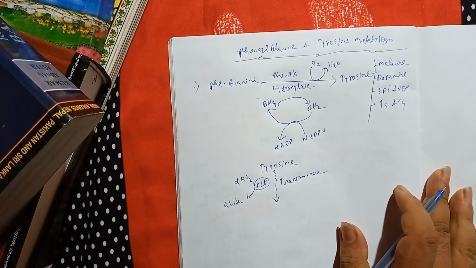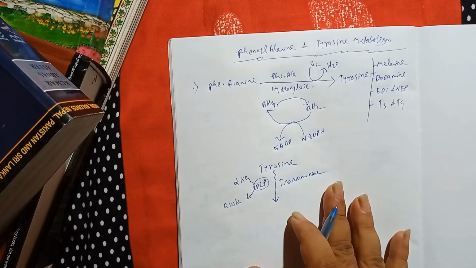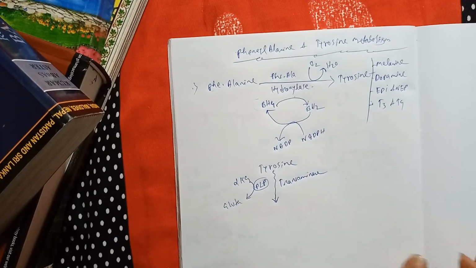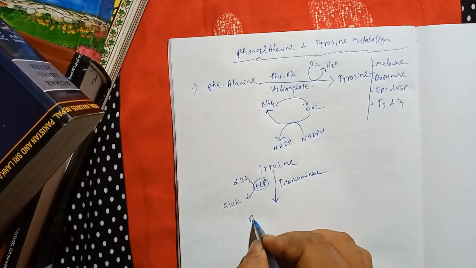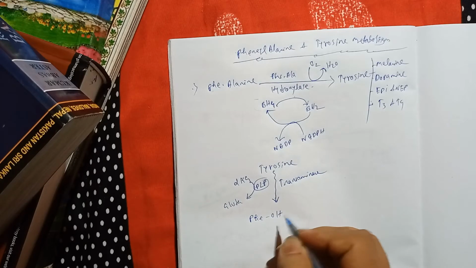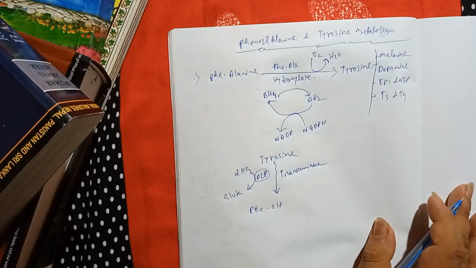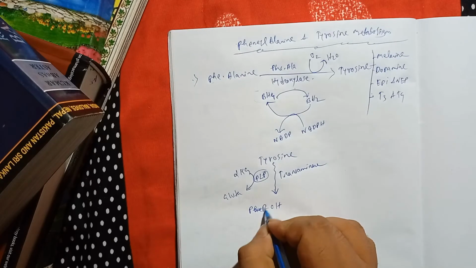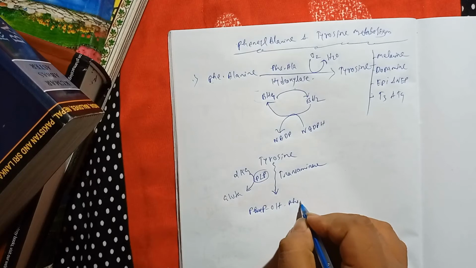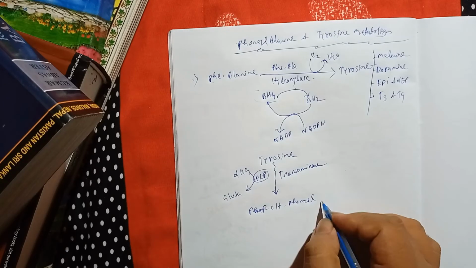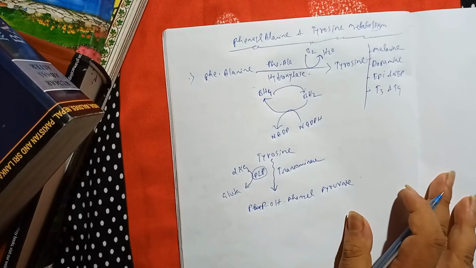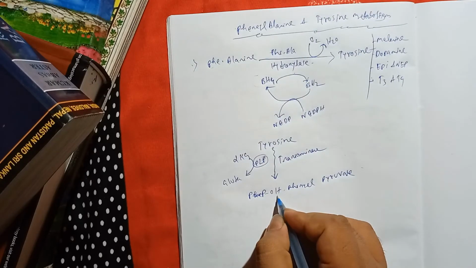Okay guys, now this transaminase enzyme will form P for phenyl, parahydroxyphenyl pyruvate. And after that it will produce what?